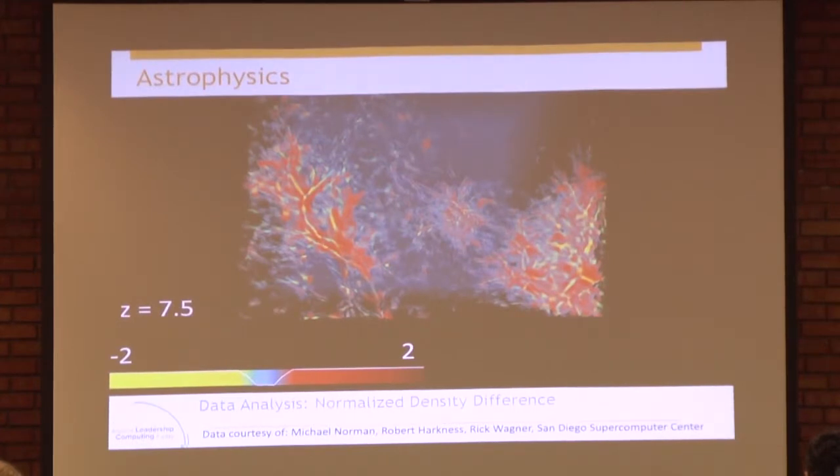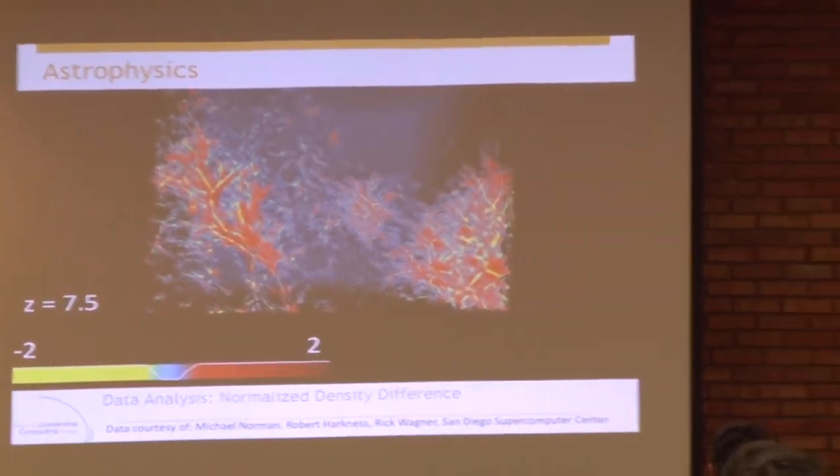Another example of astrophysics, cosmology, and this is a similar simulation by a different team. What they were interested in doing, in addition to just doing the evolution, was comparing two different data sets. Normally this data set would look similar to the previous one, where you'd see these clusters of galaxies.